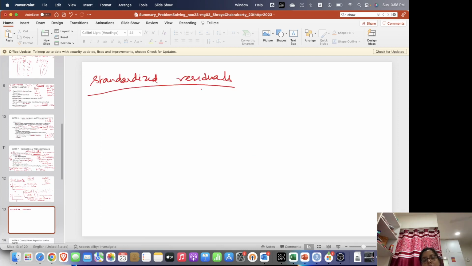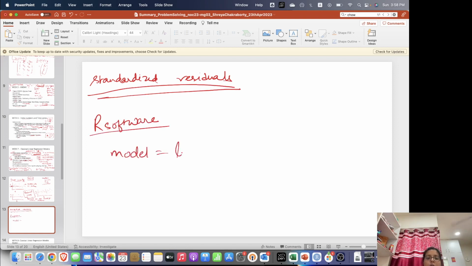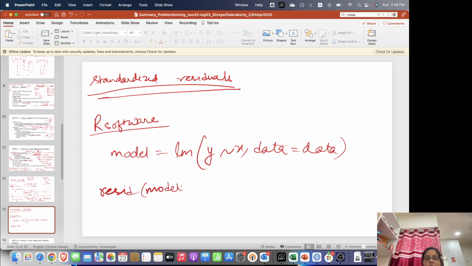So the way to obtain standardized residuals in our software, let's say we write model equal to lm y on x, data equal to data, and then just resid model would give us only the normal residuals.